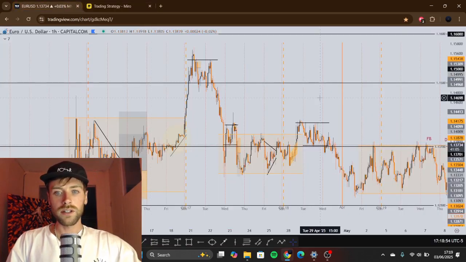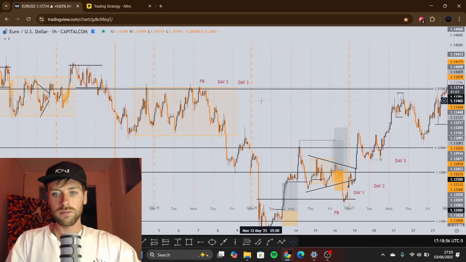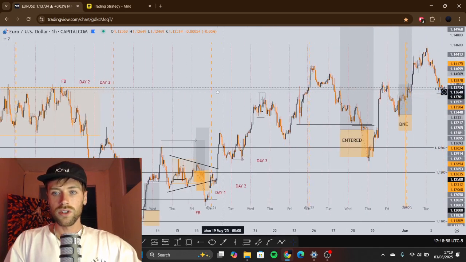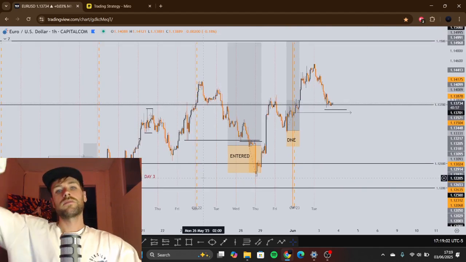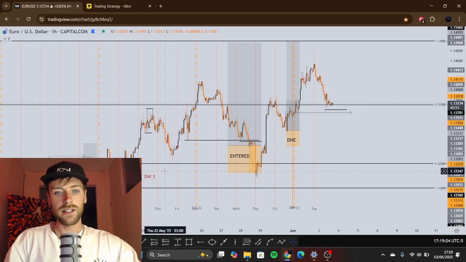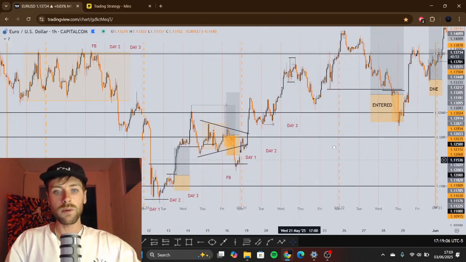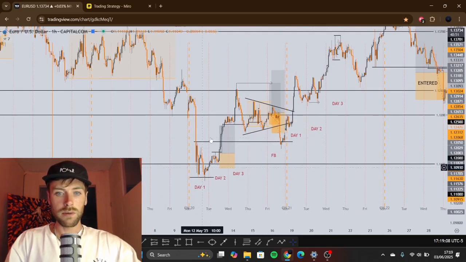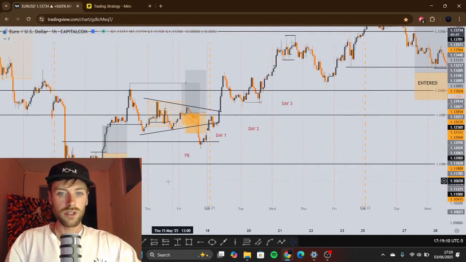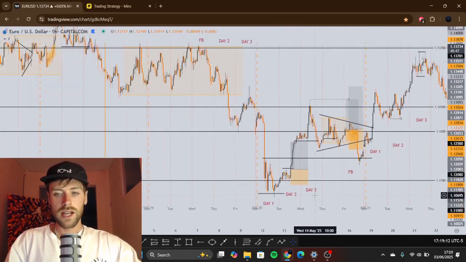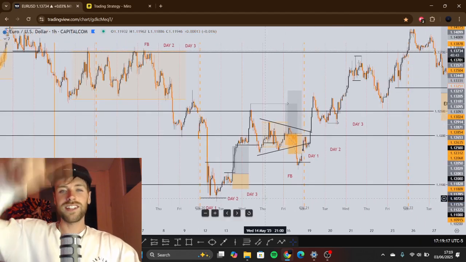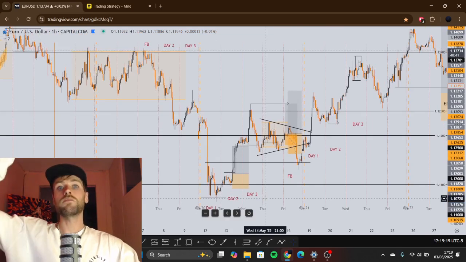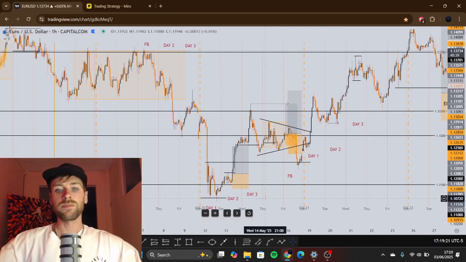So we can hop on to the charts and just look at some ranges. Every time price creates a big high and a low, that's basically a consolidation or a range. It will then expand that range. So here we go, this is a super easy to spot range. I identify the ranges by that seek and destroy behavior, just a big move up followed by a big move down.